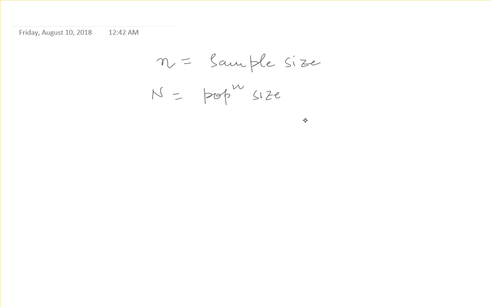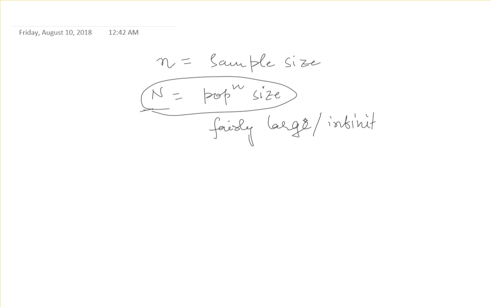If the population size is not given and there are no special conditions in the question, then you can assume N to be fairly large or infinite. This assumption gives you the freedom to ignore the FPC, finite population correction factor. Means your problem becomes easy. The calculation is not hectic.